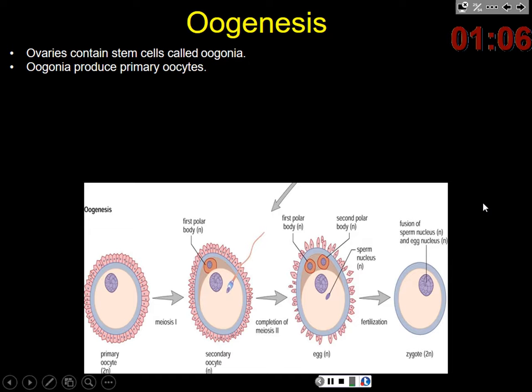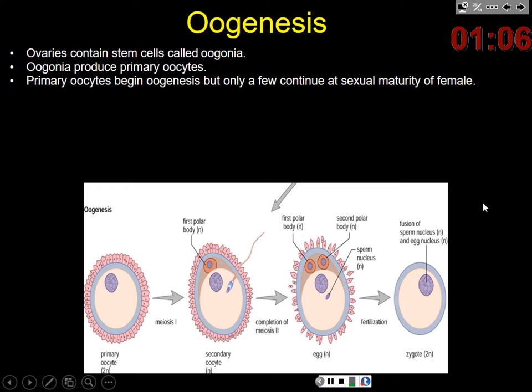So here's my primary oocyte. It is the primary oocyte that's going to undergo meiosis. The primary oocyte begins meiosis I, but only a few continue at the sexual maturity of the female.